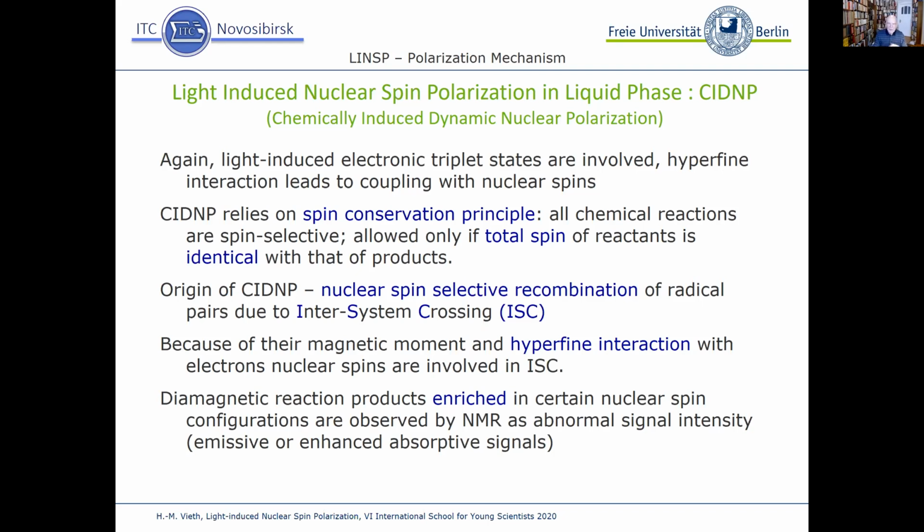And one of these two possibilities is enriched and the other depleted. That's why we get, in the end, more reaction products with spins in one direction than in the other, meaning we have spin polarization.